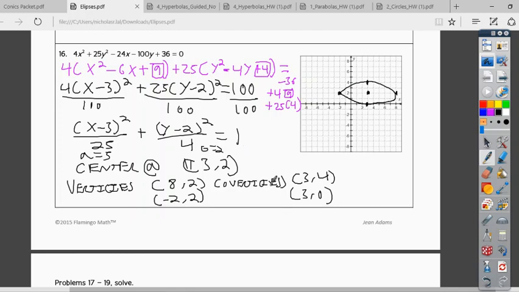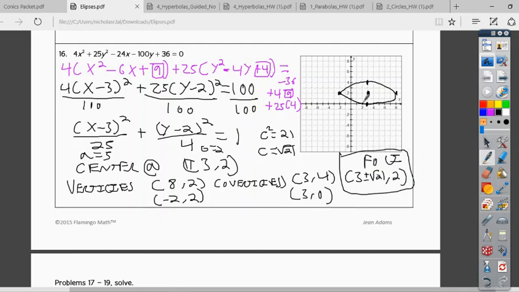And then we have foci, knowing that c squared is equal to 21, c is equal to the square root of 21. So we have foci at 3 plus or minus the square root of 21, 2. Those are the locations of the foci. And that's the ellipse graphed. That's problem 16. Clear annotations.